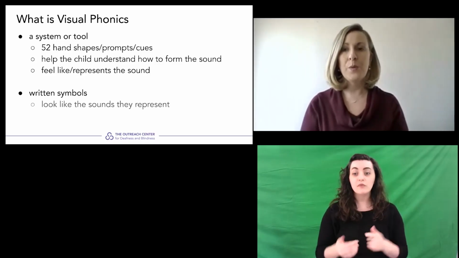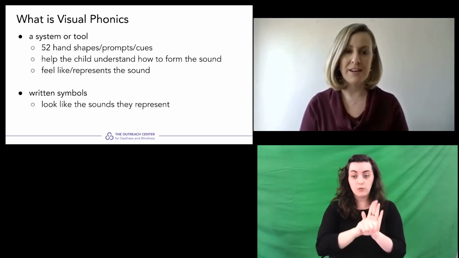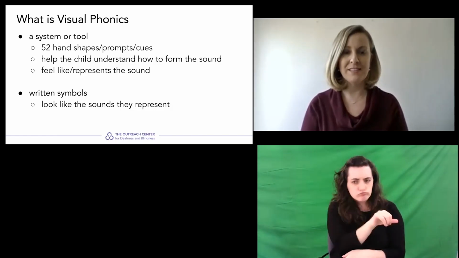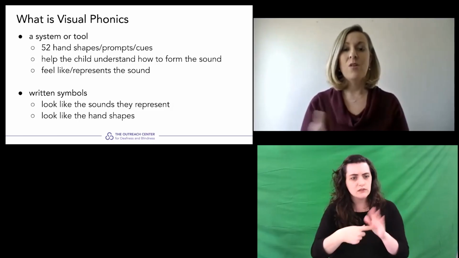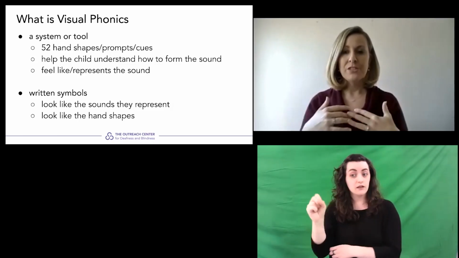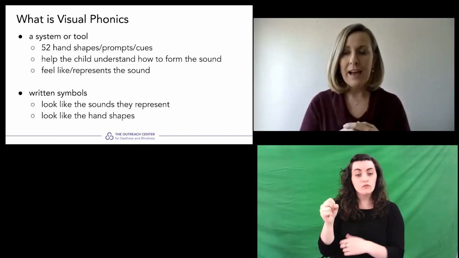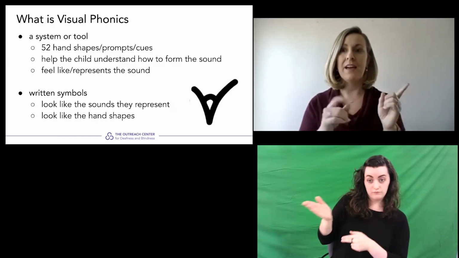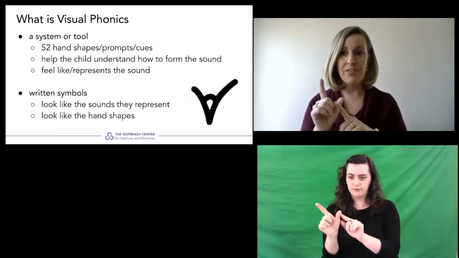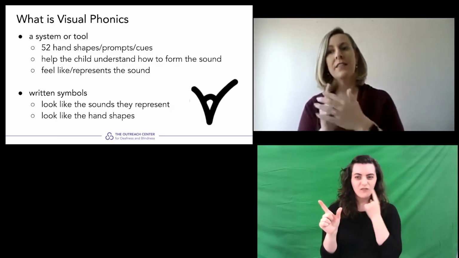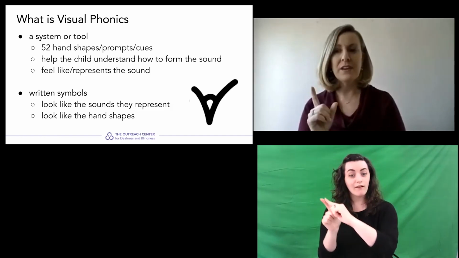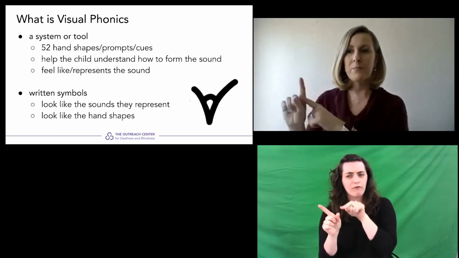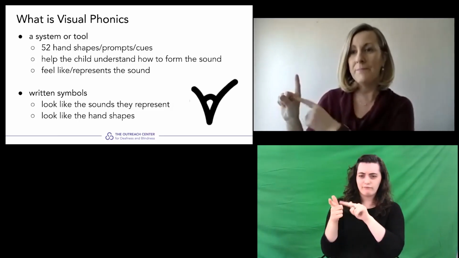There are also written symbols with visual phonics, and those written symbols look like the sounds that they represent. They also look like those hand shapes. So if you look at the symbol on the screen, you will see one line that represents your thumb, so it's a little shorter. Another line that represents your index finger, that's a little longer, and you'll see a curved line in the middle that represents your knuckles there.